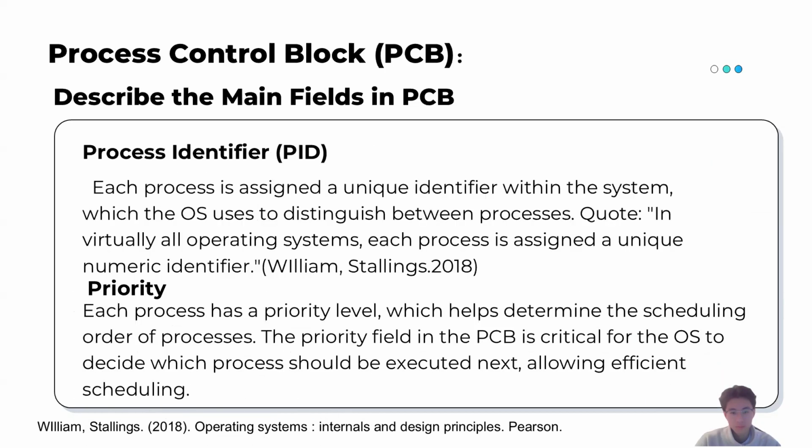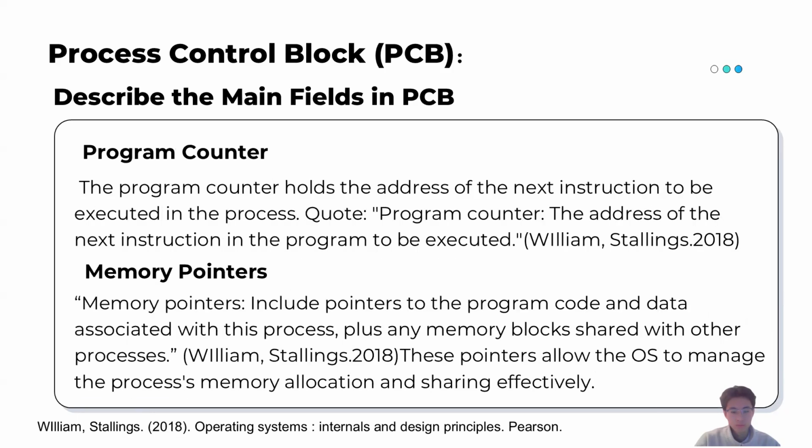And next page is the process control block, PCB. The PCB is vital for managing multitasking. It stores a process identifier and priority. The process identifier is a unique numeric ID for each process, and priority determines scheduling order.